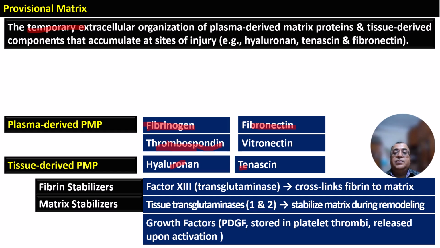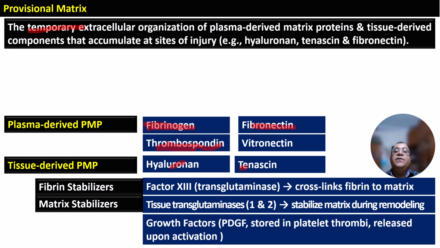So, the insoluble fibrin that was generated by the clotting cascade is stabilized by factor 13, that is transglutaminase, and this transglutaminase cross-links fibrin to the matrix.